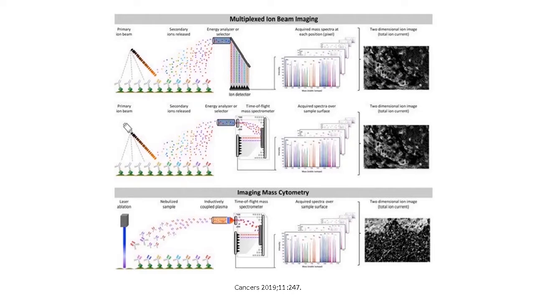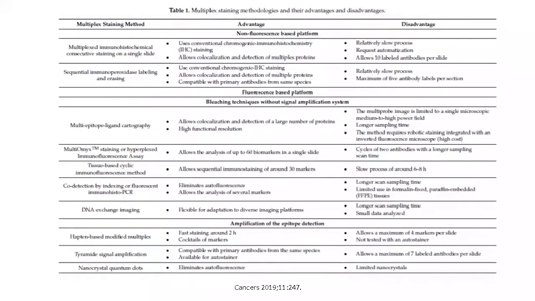Using these techniques, you cannot achieve the sort of high numerical multiplexing that you can with multiplexed ion beam imaging or with imaging mass cytometry, where multiplexed ion beam imaging is based on the technique where you shine an ion beam onto these metal-labeled antibodies, which you can see here on the left, and then by detecting them with an ion detector or a time of flight detector, you can build up a picture per surface area of all the various metals which are present, and then build up the picture as you go along the slide.